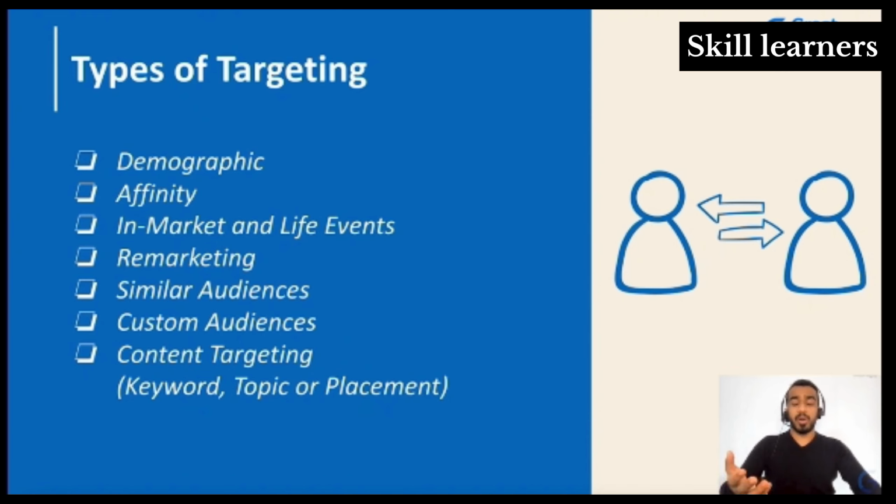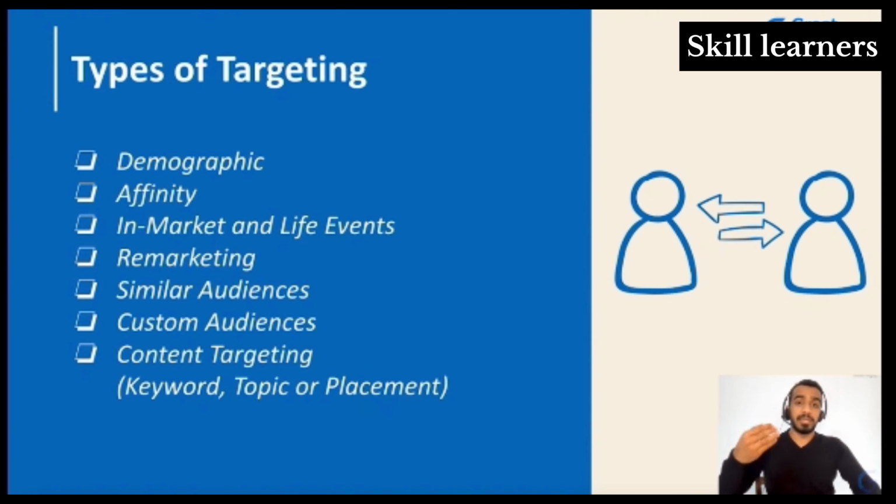But in-market audiences are audiences who are actively searching for your product. So those are the audiences who have a higher intent, those who are actually looking out for something that you are selling. So there could be in-market audiences such as people who are searching for digital marketing courses, or people who are looking out for certain shoes. So these are different types of in-market audiences that are available within Google.